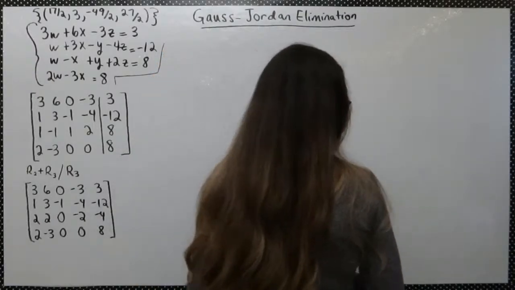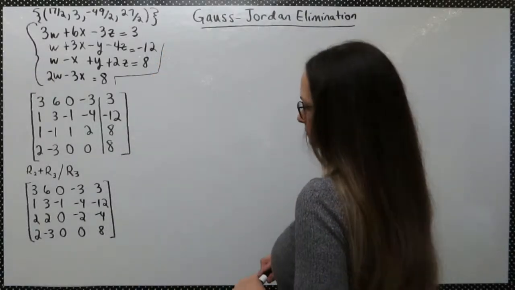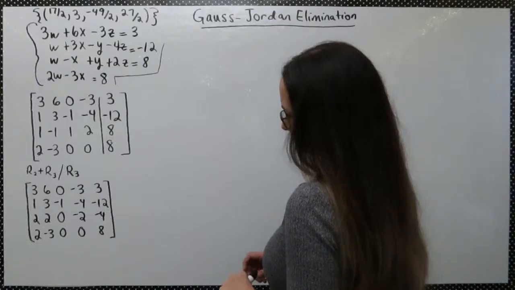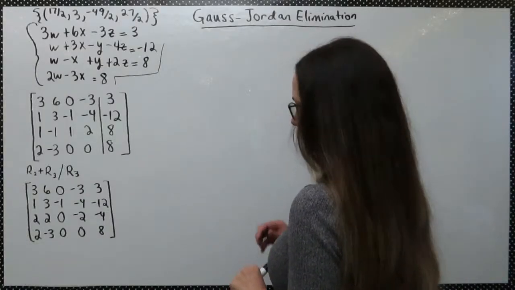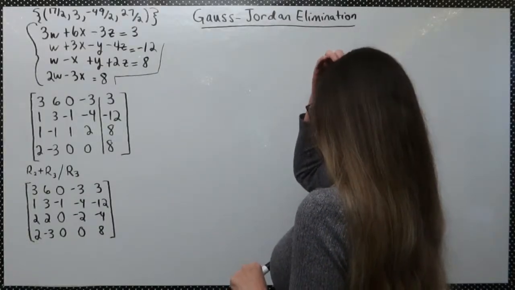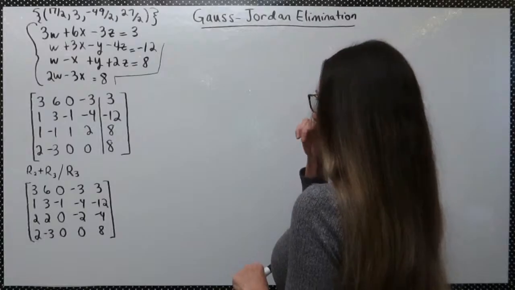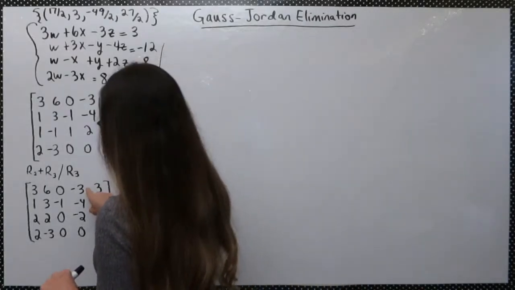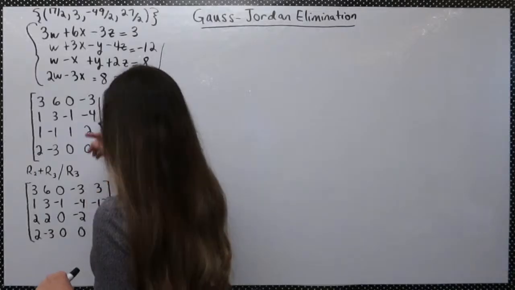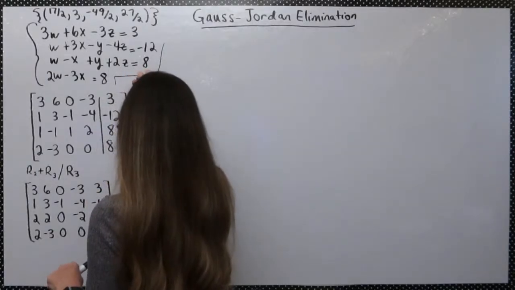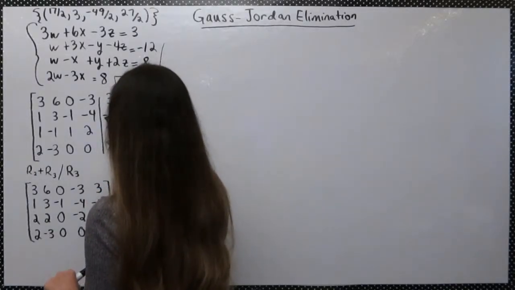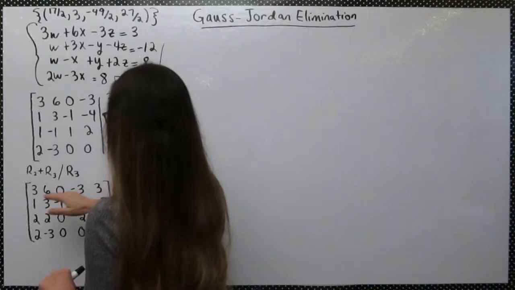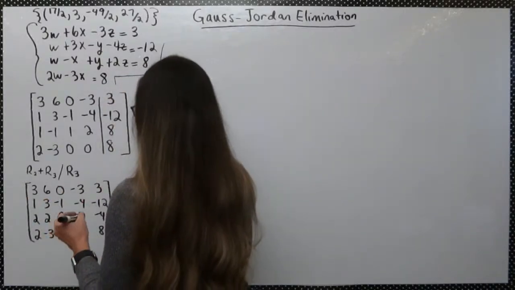And I have to decide what I want to do next. What I really want to do is make this position right here 0 next, I think. So what we're going to do is divide everything from row 1 by a 3.